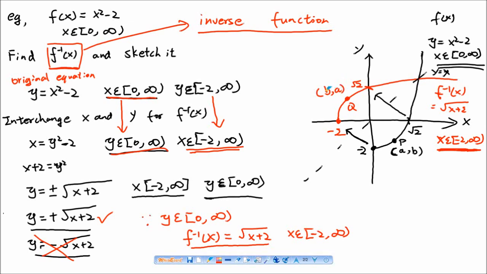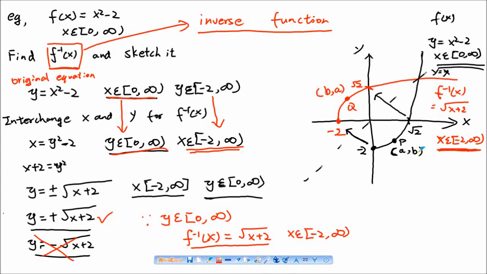Because we interchange x and y, for any point on the inverse graph and its original function, the x coordinate on the original graph becomes the y coordinate on the inverse graph.